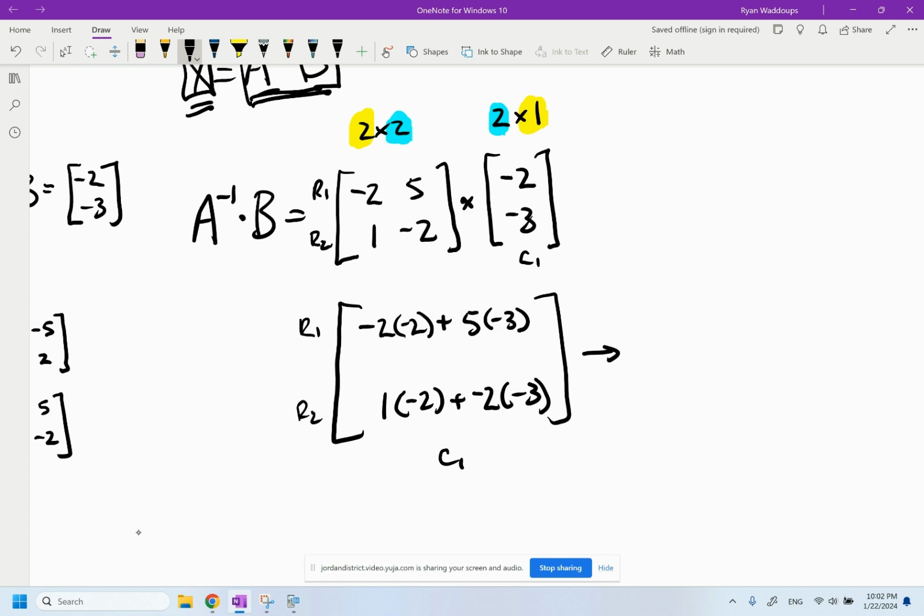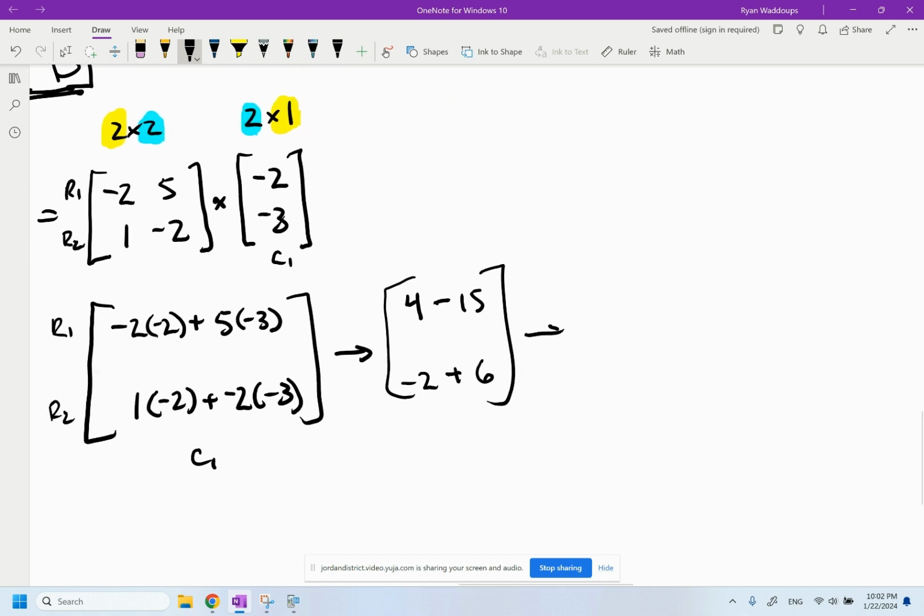-2 times -2 is a +4. And then 5 times -3 is -15. On the bottom, 1 times -2 is -2, and -2 times -3 is a +6. One more simplification takes us to 4 minus 15 is -11, and -2 plus 6 is 4.